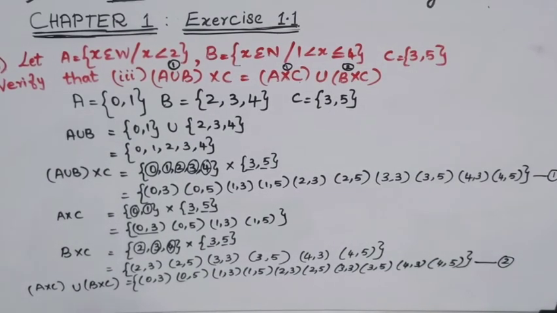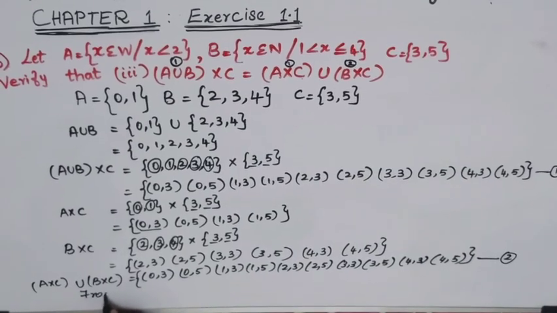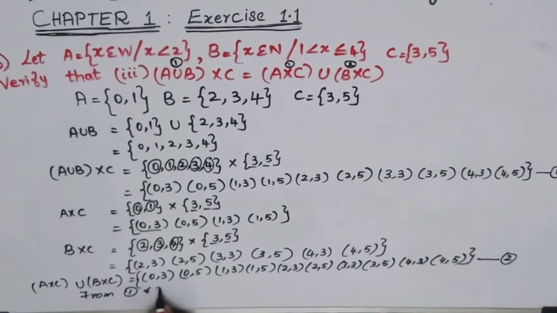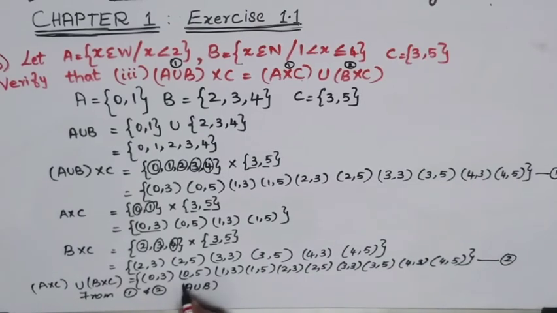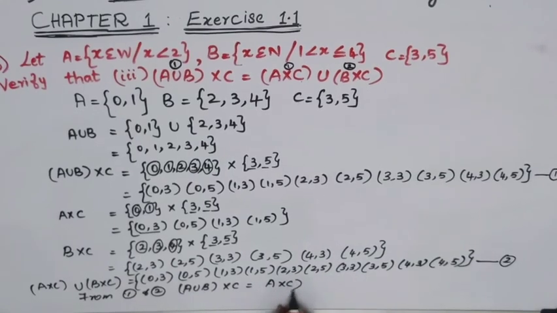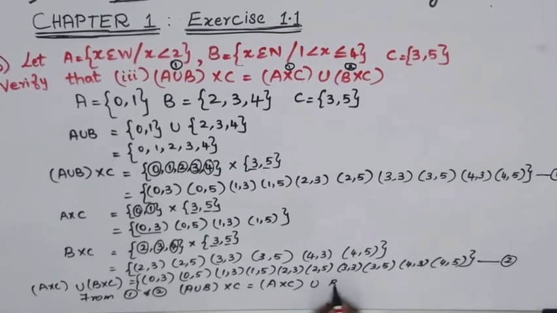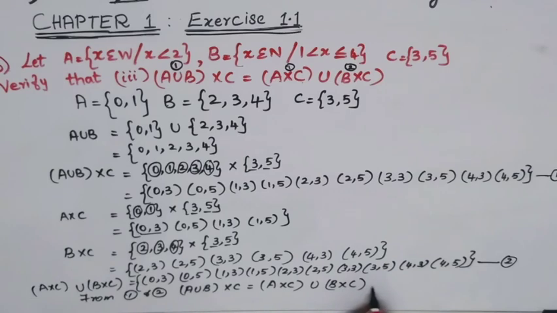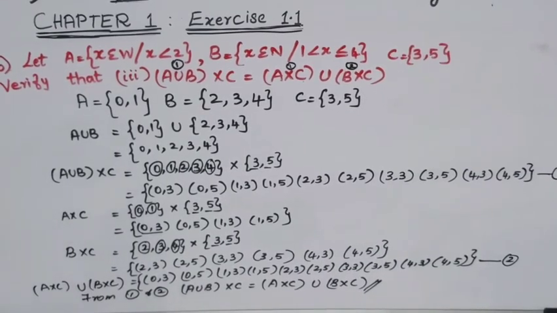So we can write from 1 and 2, A union B cross C is equal to A cross C union B cross C. So we have proved it for 1 and 2. Therefore, this is the answer for your 6th question, third subdivision.